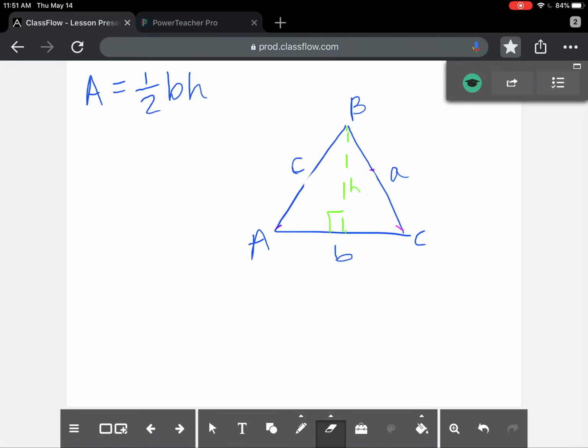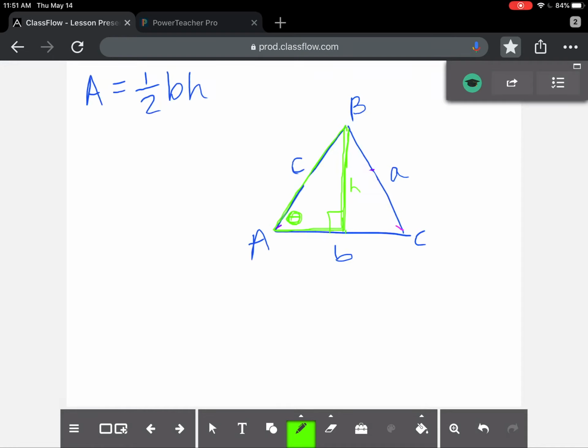That way we can use sine, cosine, and tangent, because you cannot use them if you're not working with a right triangle. To use sine, cosine, and tangent, you have to have opposite, adjacent, and hypotenuse. In non-right triangles, there is no hypotenuse because there is no right angle. So you need to create a right triangle in there in order to use sine, cosine, and tangent to identify what your height is.